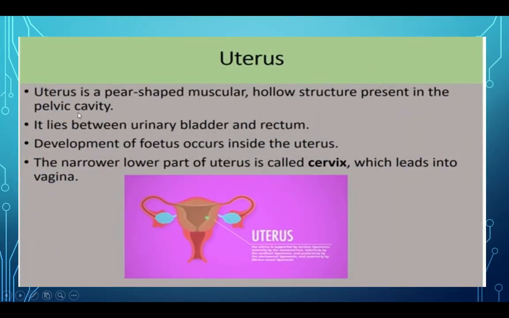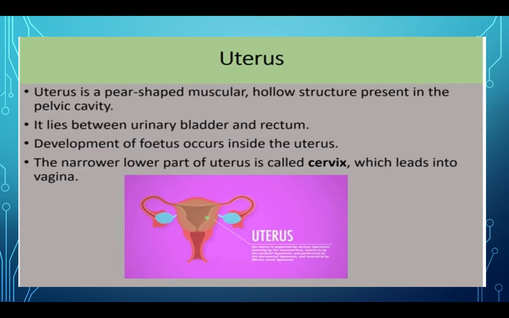Next, let's see the uterus. So we are seeing the female reproductive system part by part. The uterus is a pear-shaped muscular hollow structure present in the pelvic cavity. So where is the uterus?